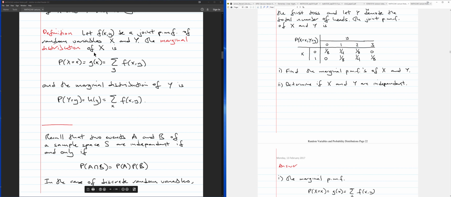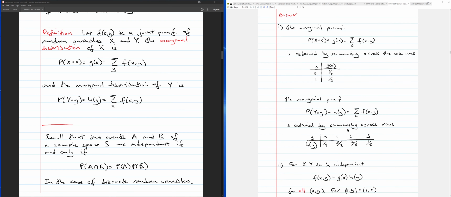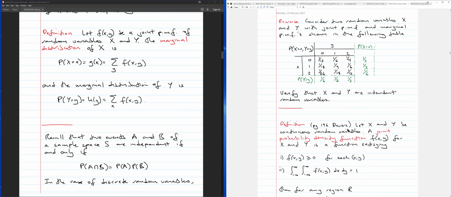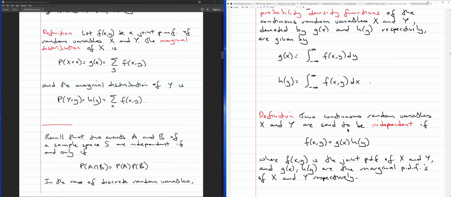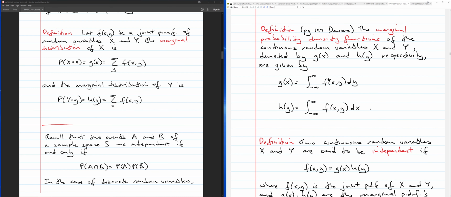Okay, so this is marginals in the case of joint discrete. And now what we want to look at is marginals in the case of joint continuous. In joint continuous, what I have, analogous to my joint PMF, is a joint PDF, a probability density function.